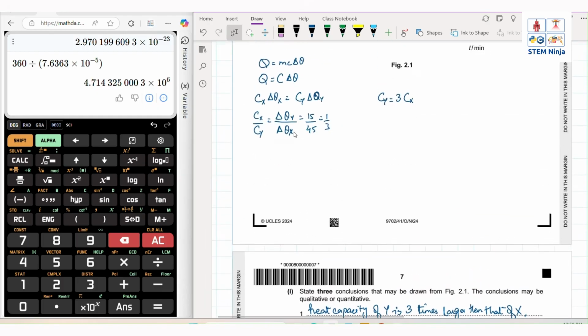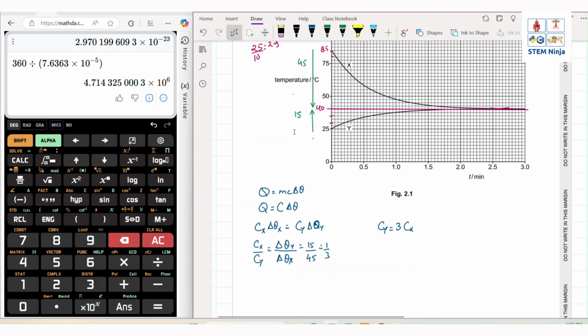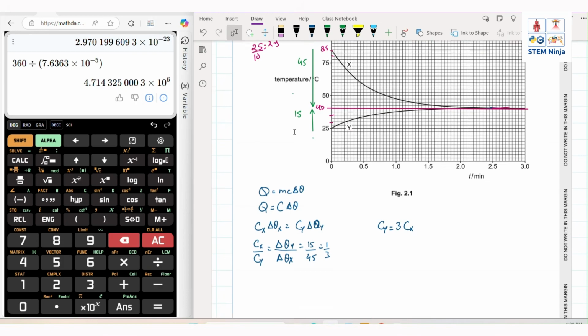All right. Second most obvious thing is the thermal equilibrium because they both have the same final temperature.